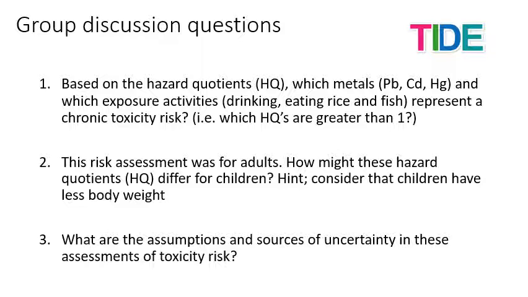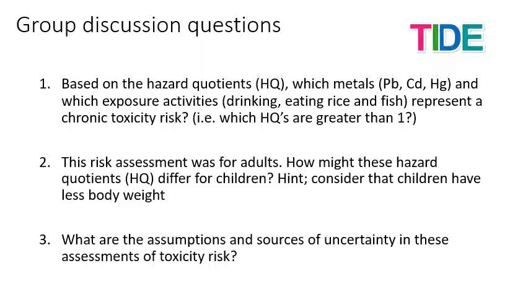And the remaining hazard quotients you've calculated are all below or well below 1, suggesting that these metals via these exposure activities represent minimal risk of chronic metal toxicity. So out of these 3 metals and 3 exposure activities that we've identified as presenting potential risk, lead in drinking water has the highest hazard quotient, and so this is the highest risk metal and exposure route for causing chronic metal toxicity in this population of people.